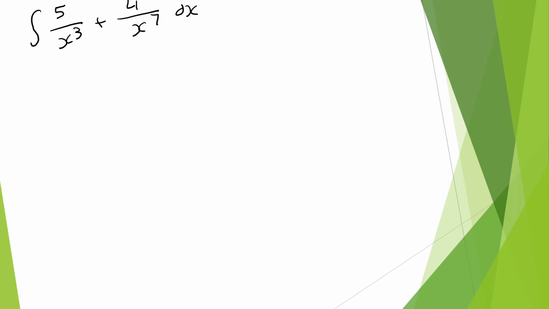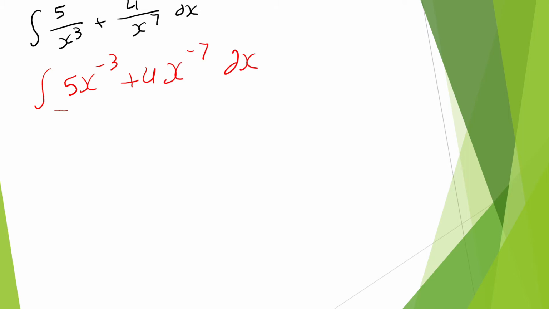We've got the power in the denominator here. Again, it's a polynomial, so we use the same skills as in differentiation. We move the x expression that has the power to the numerator to prepare our expression. So it's 5x to the power of -3 plus 6x to the power of -... you cannot integrate when the x power is in the denominator.